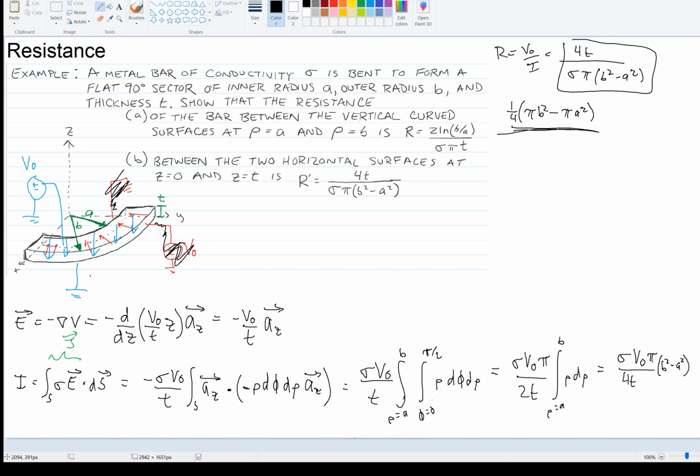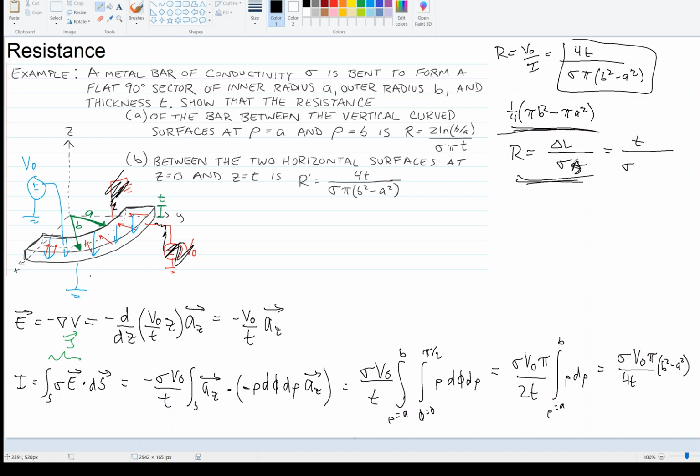So that means that for part B, and part B only, this equation holds. This is how we started the video, remember? So that holds, and so the change in L, the change in the length is t, right? The thickness is t, and then divided by sigma, and then times the area.